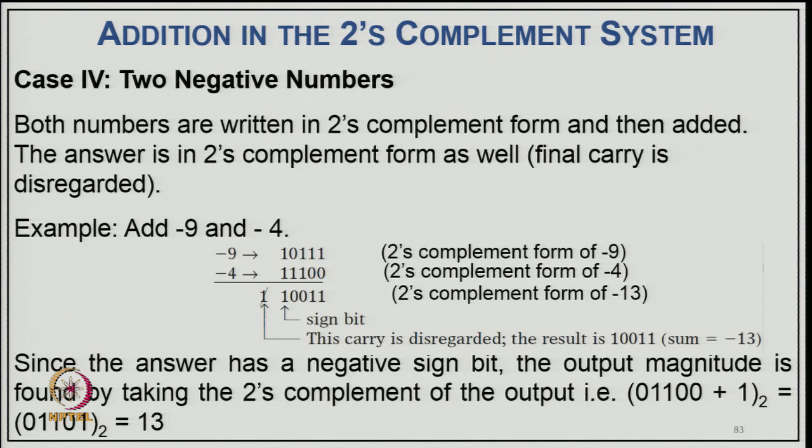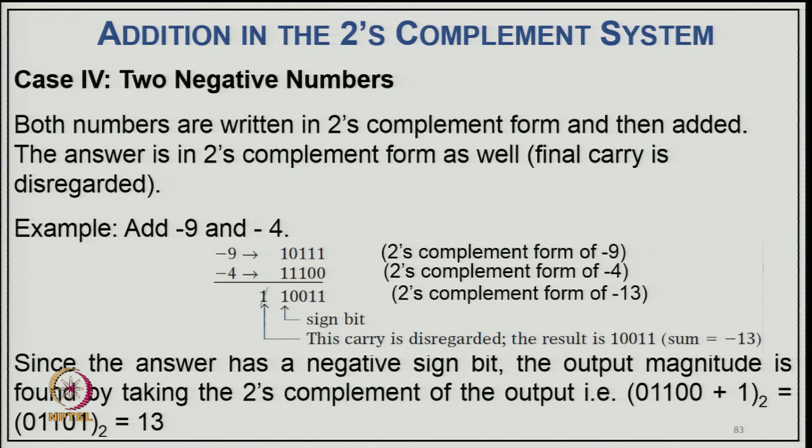We have the two's complement of 9, which is 1 0 1 1 1, and 1 1 1 0 0, that is for minus 4, and when we add them here, we get a carry, and this carry is disregarded. So, the number becomes 1 0 0 1 1, and this is equivalent to minus 13.